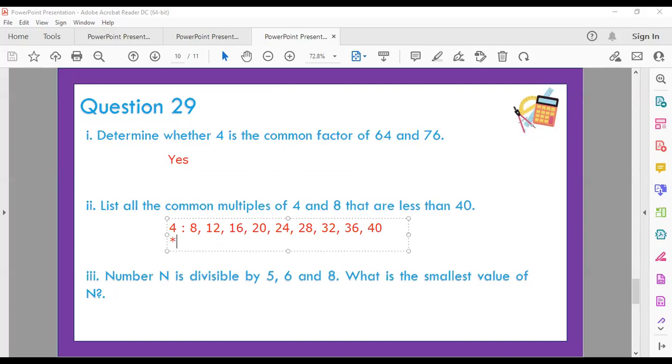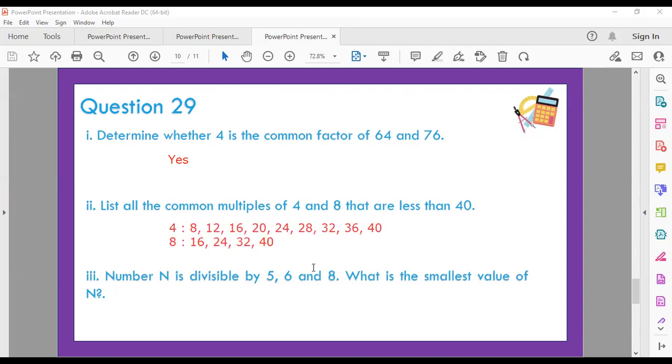Then you go to listing down the multiples of 8, which is the next one would be 16. Okay. And then 24. The multiples of 8 only, 32. And then 40. So you already reached 40. So now, can you see some common numbers there?